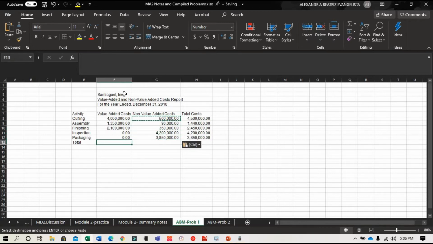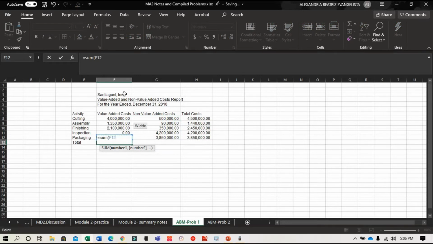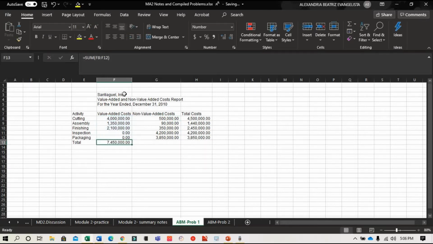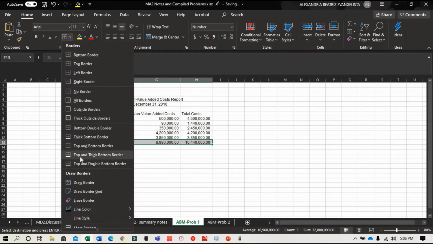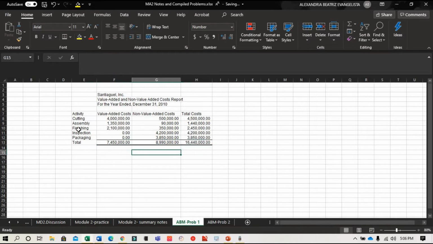There you go. So if we just get a total of these numbers, there you go. So here are the value added cost, non-value added cost, and total cost for each activity.